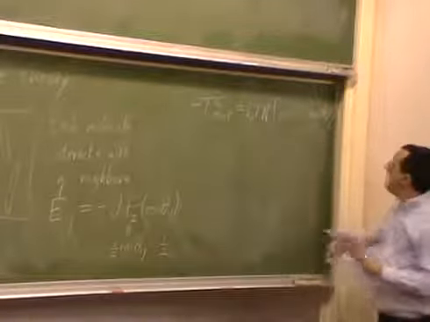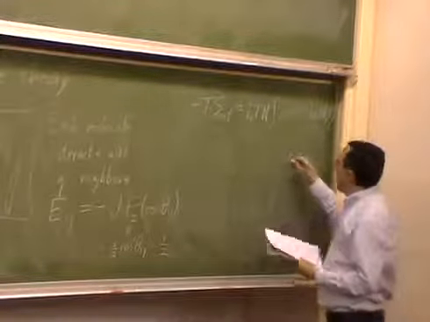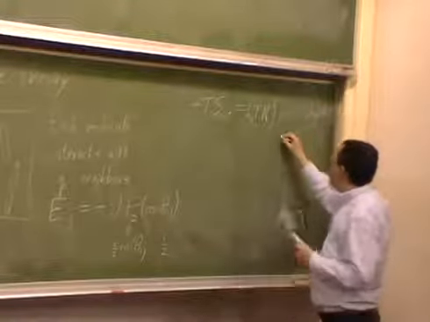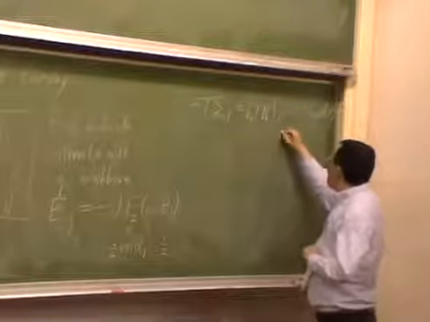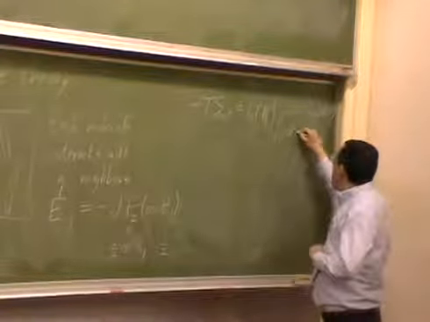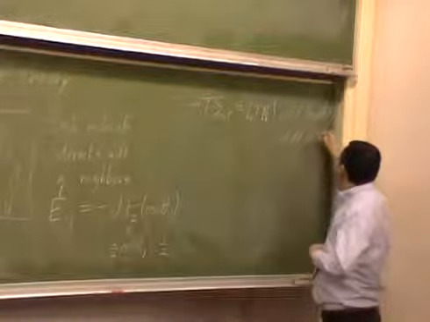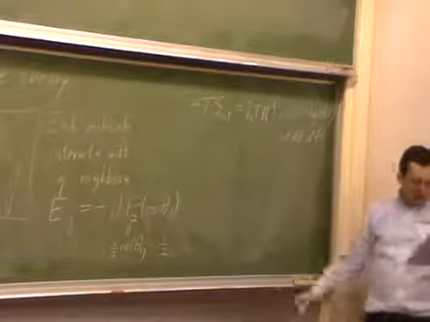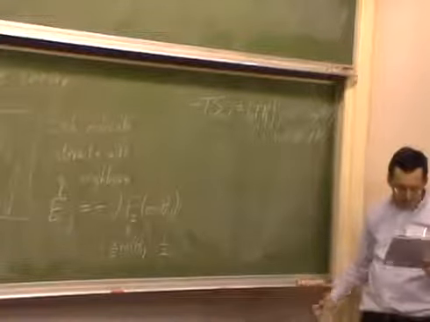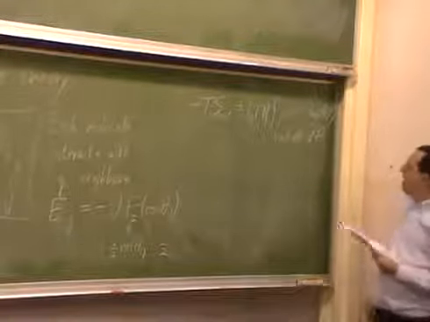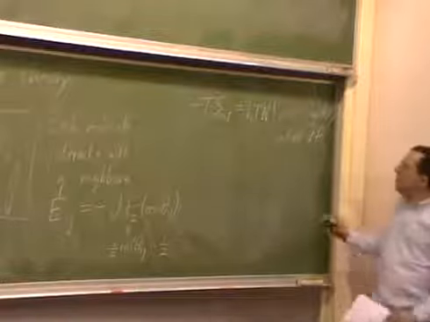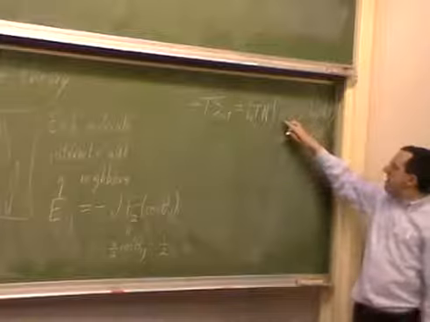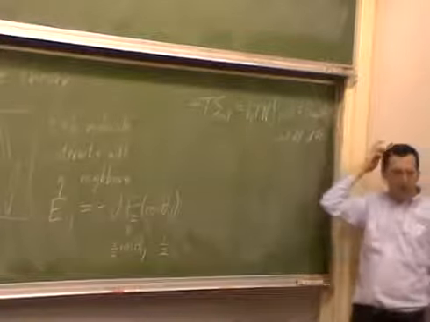And for the integral over solid angle, you remember that this is an integral of sine theta d theta d phi. That's how you do integrals in solid angle, in spherical coordinates in 3D. So this is an expression for the entropy in terms of the distribution function.